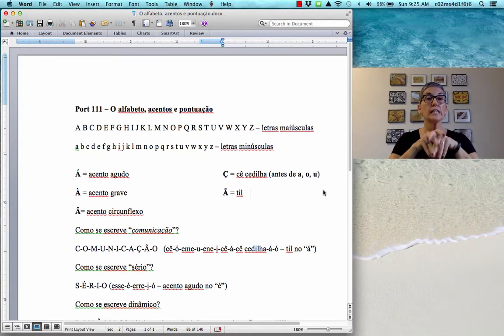Today we are going to look at the alphabet, the letters of the alphabet, some accent marks and punctuation, okay? How you say these in Portuguese. So let's go through the letters of the alphabet.